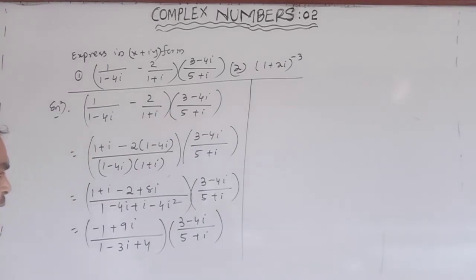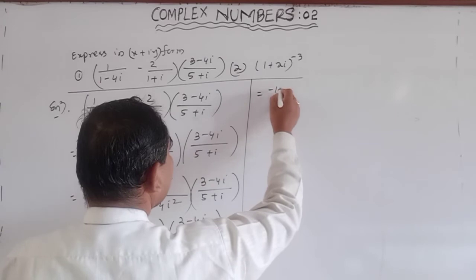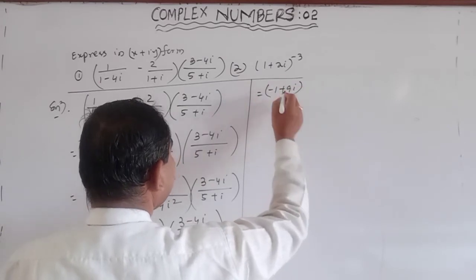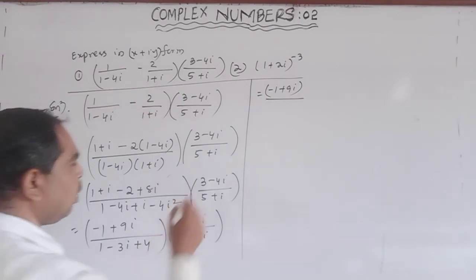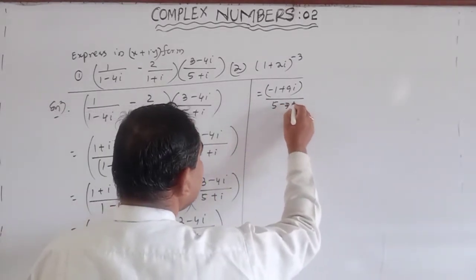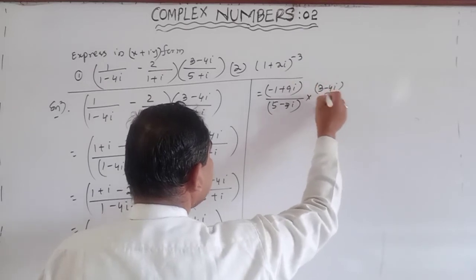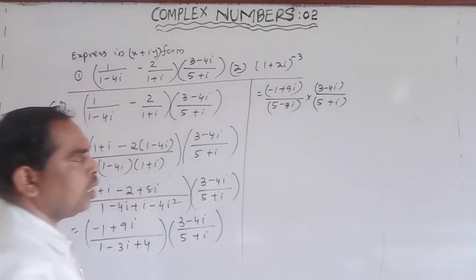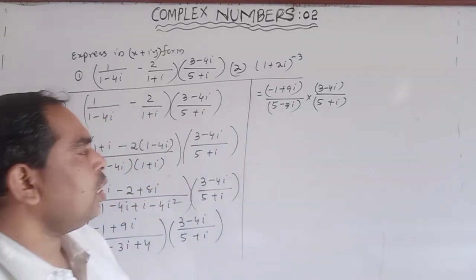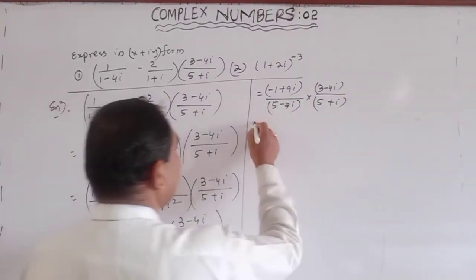So it is equal to (minus 1 plus 9i) divided by (1 plus 4, 5 minus 3i), into (3 minus 4i) divided by (5 plus i). Multiply the numerator and then multiply the denominator.